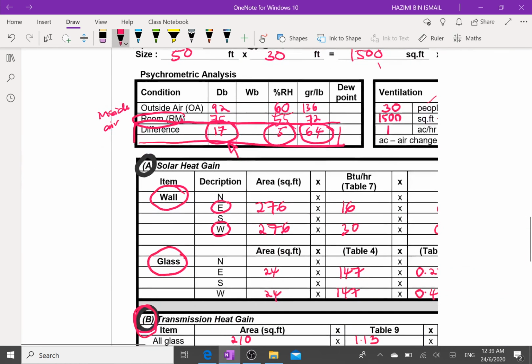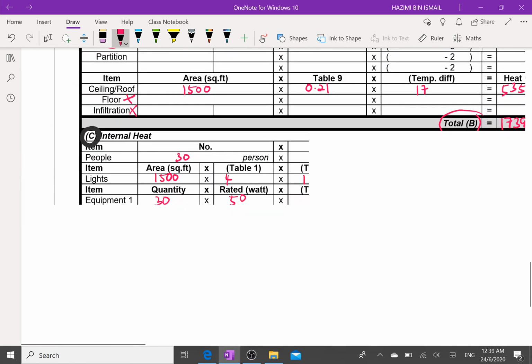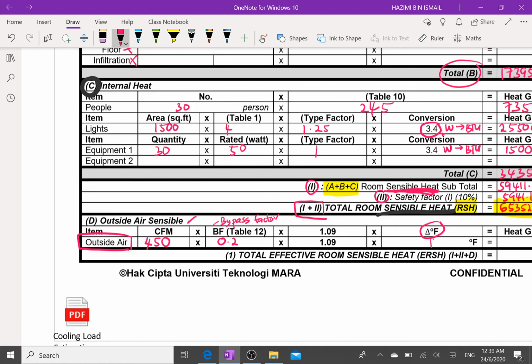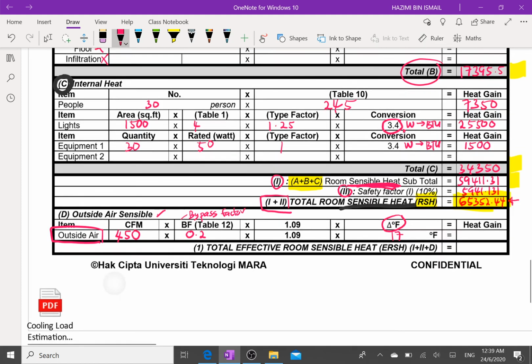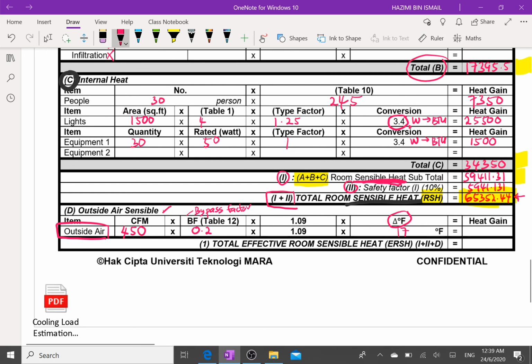So put 17 Fahrenheit there. Complete it: 450 times 0.2 times 1.09 times 17, and you will get 1667.7.